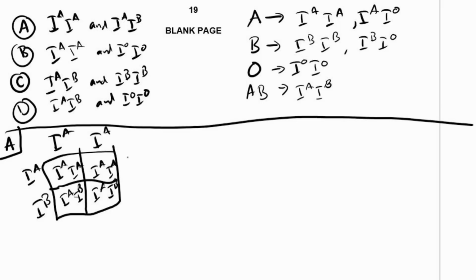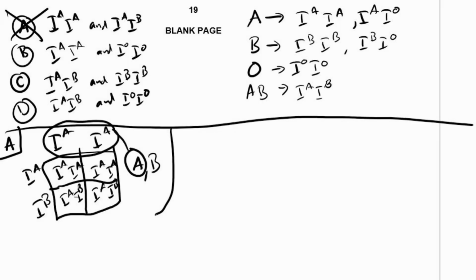Okay, so for this one we have blood group A and blood group B. The children have to have different blood groups from their parents and from each other. This one would have the same blood group as this parent, so it's not A.